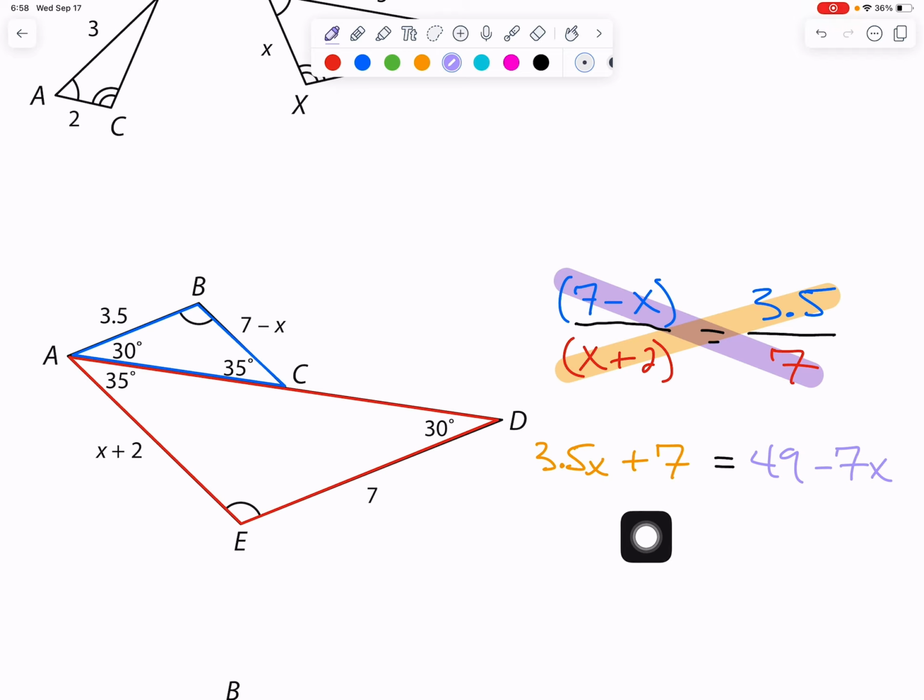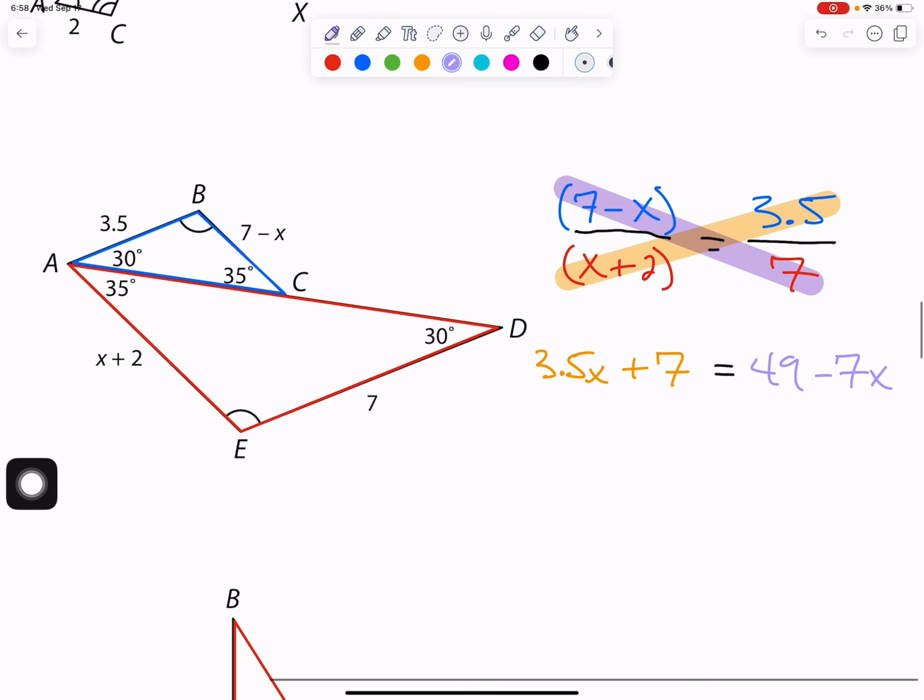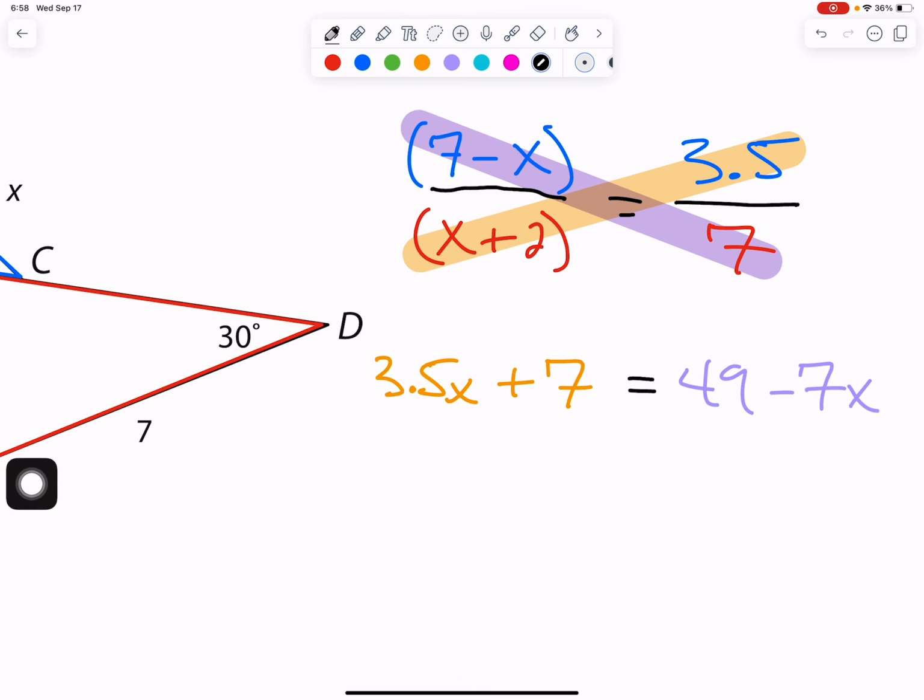I like to start with the term that includes a variable, if there's one on each side, which we do: 3.5x and negative 7x. But I also like to start with the one that has less value. Negative 7x is definitely lower than a positive 3.5x. And how do I get rid of a negative 7x?